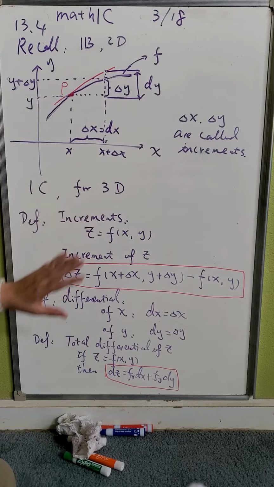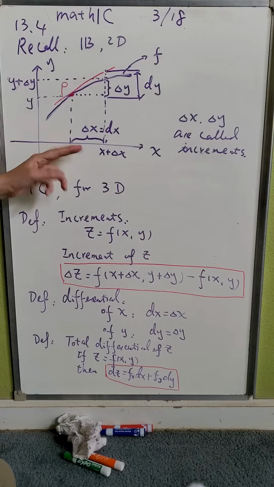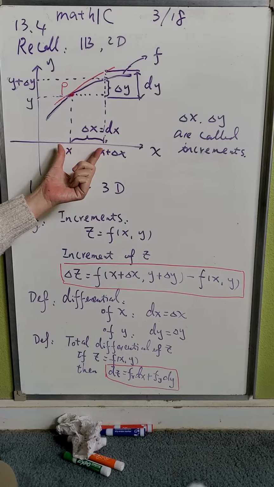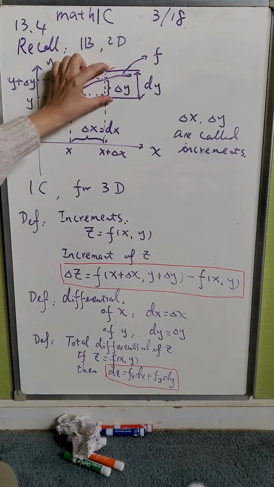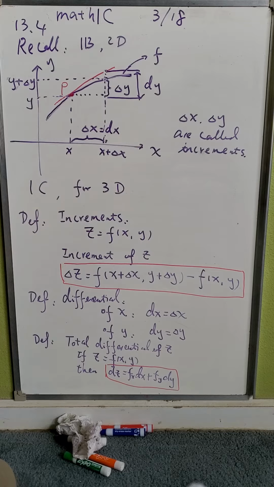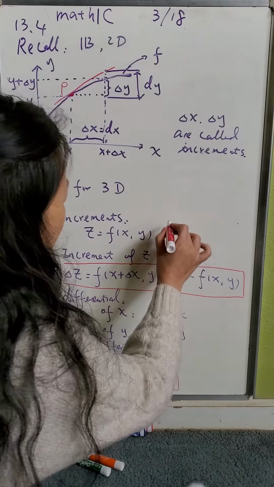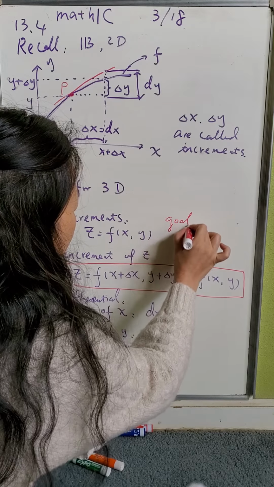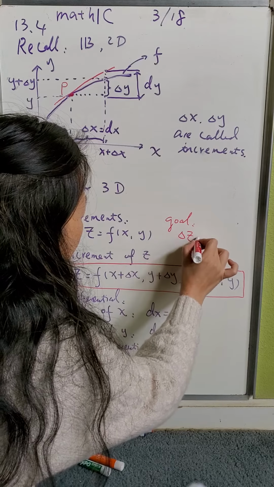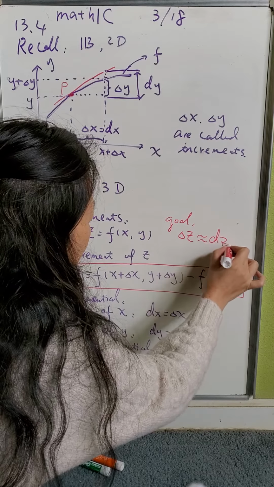It's very hard to draw three dimensions, so I couldn't draw it, but in two dimensions you can see. Delta x, dx, delta y, dy, and they're very close to each other. So our goal is, do you think delta g will equal dg? Here's our goal: delta g is approximately dg.